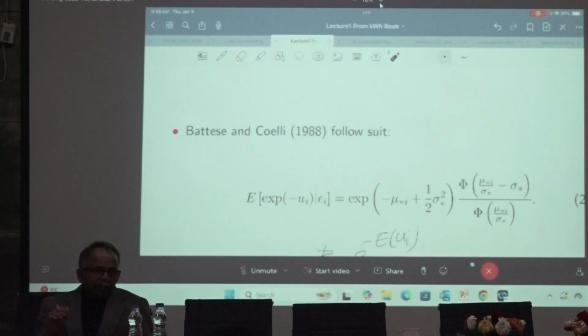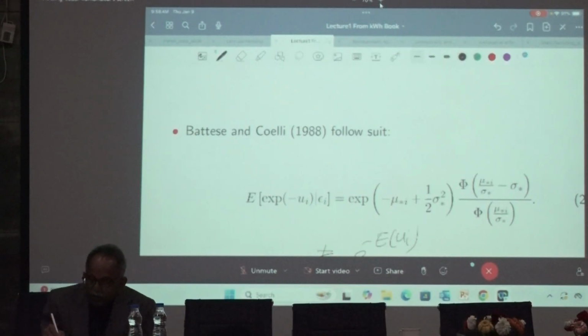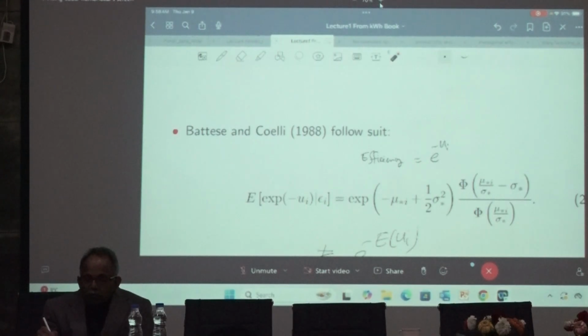We talk about efficiency too. So far I'm talking about estimating u, which is inefficiency. But remember, I also talked about efficiency. We said efficiency is defined as e to the power minus u, and you can put a subscript i for individual. So what is the estimate of that? Sometimes we use this term: you get an estimate of u, and then take an exponential of that with a negative sign.